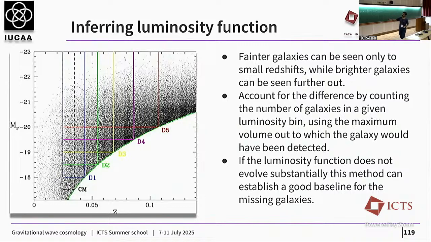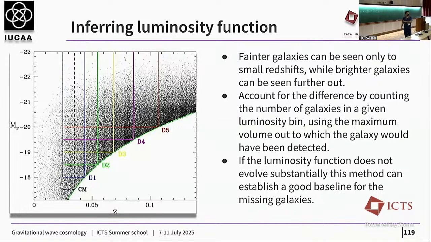So you use galaxies that you see at low redshifts to fill up the population, which is at higher redshifts. Okay. And then that allows you to estimate the incompleteness. It's an assumption, but needs to be tested. So you need to go to deeper and deeper surveys, try to check whether this holds or not in smaller and smaller redshift bins. And so that then allows you to figure out what the impact might be. Okay.